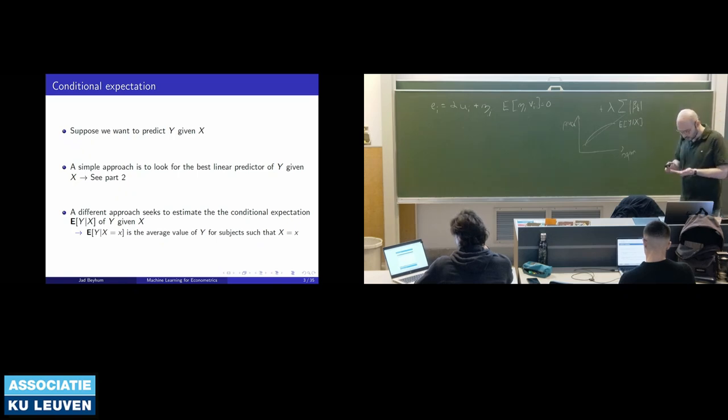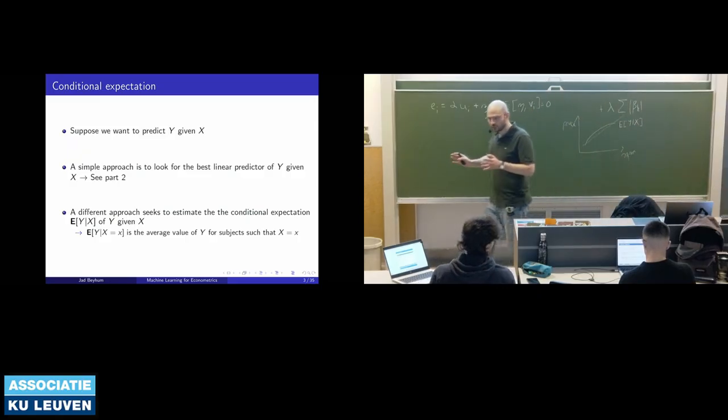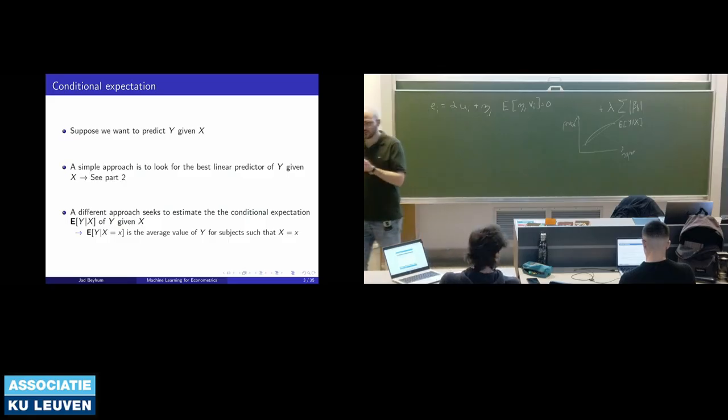But essentially, when you look for the best linear predictor, you're trying to estimate a semi-parametric model, a model which is not too flexible. When you're trying to estimate the conditional expectation, this is a non-parametric model, so you're trying to estimate something which is extremely flexible.